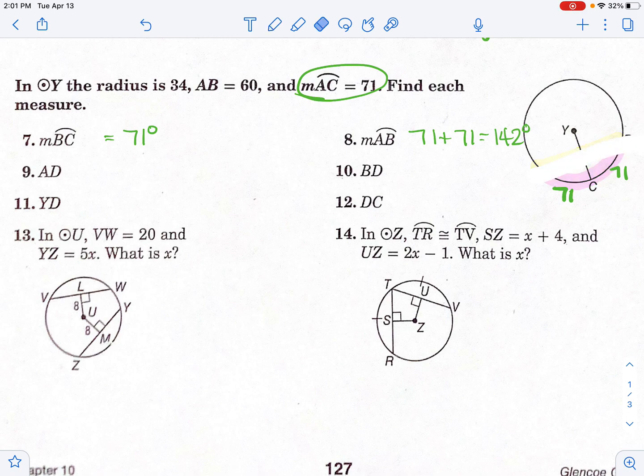It also tells me, given information, that AB, and that's a line segment because it doesn't have our little arc above it, is equal to 60. That means AD is equal to 30, and BD is also equal to 30.